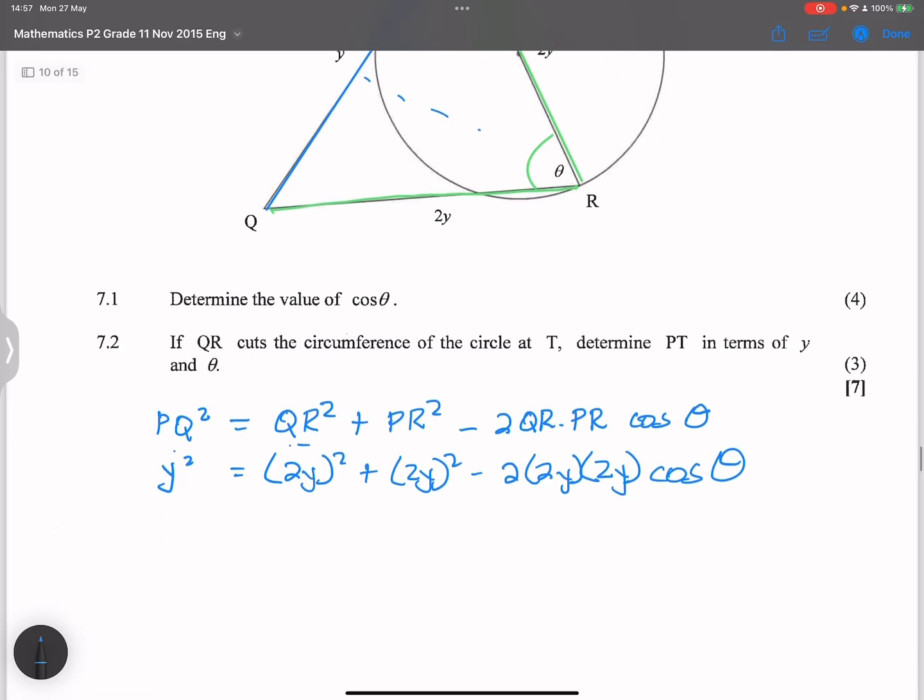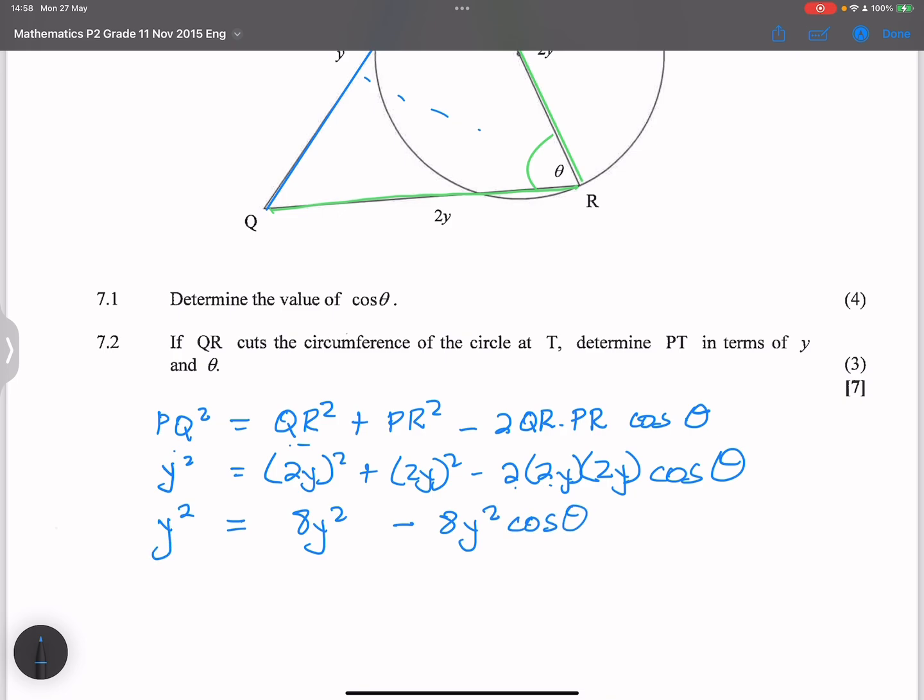All right, now let's try and do our gymnastics mathematically. So that's 2y squared, which is 4y squared, plus another 4y squared. That will give us 8y squared when we add them up, right? So this is going to be another 2 times 2 times 2, which is another 8y squared cos of theta. And this gives us y squared.